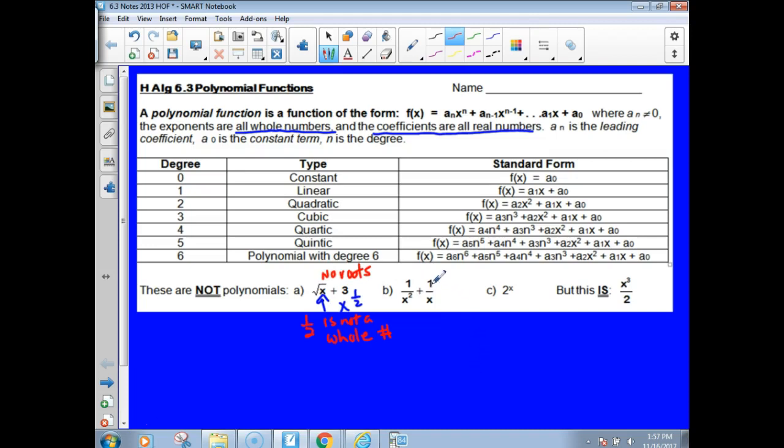What's wrong with this one? Well, this would actually be x to the -2 plus x to the -1, right? And -2 and -1 are not whole numbers. All right, you can't. And so another way to say it, no variables in the denominator.